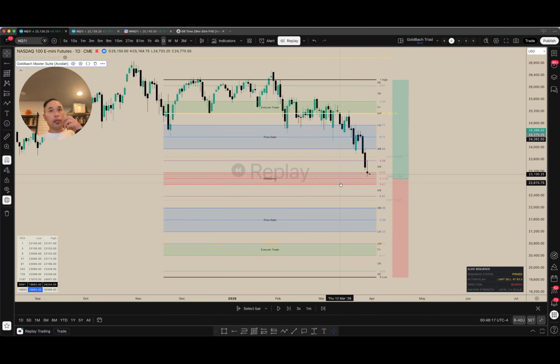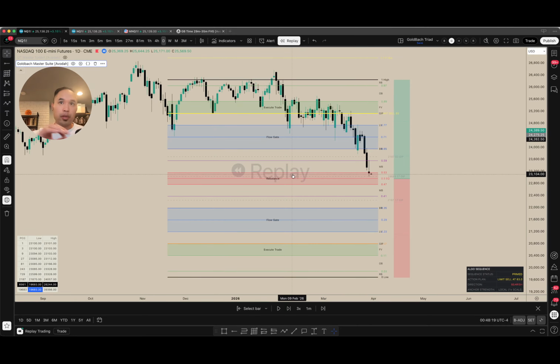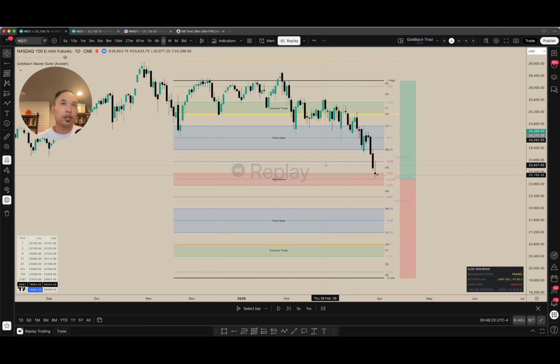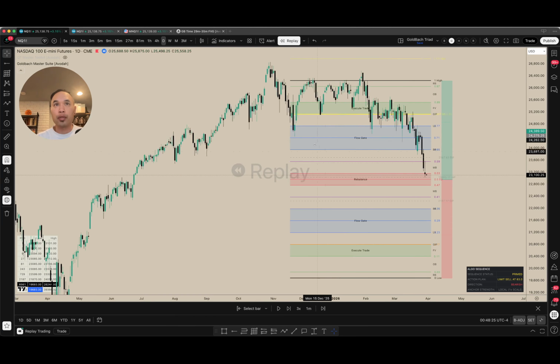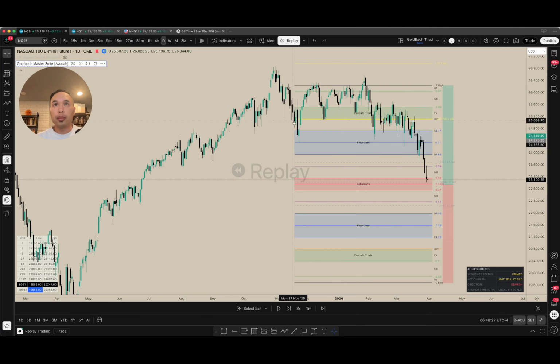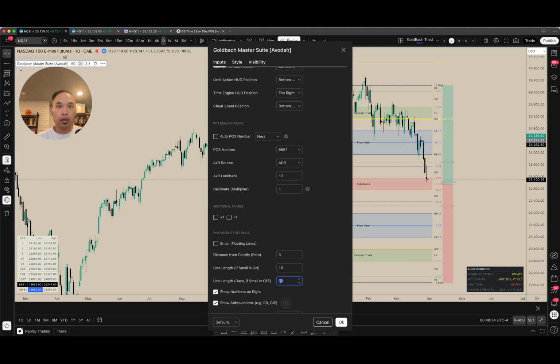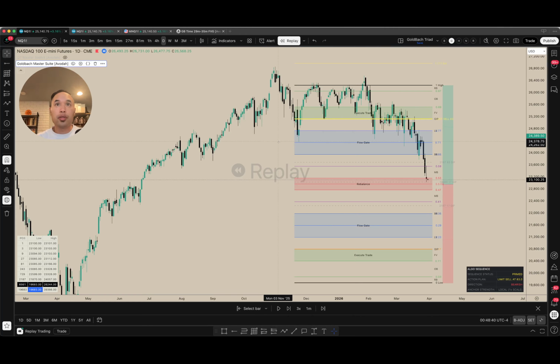So that's essentially, without going too deep in the math, these are Goldbach levels, institutional levels that price reacts from. If you look at this range here, let's go back 120 days, and you'll see that price is respecting and having reactions within these ranges, right?